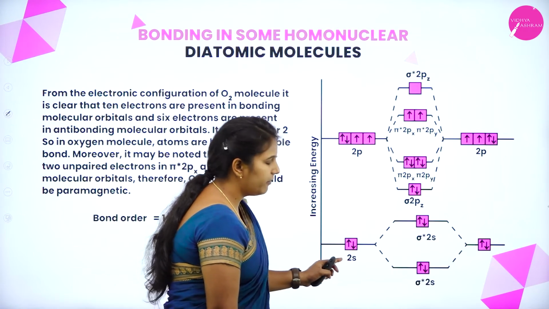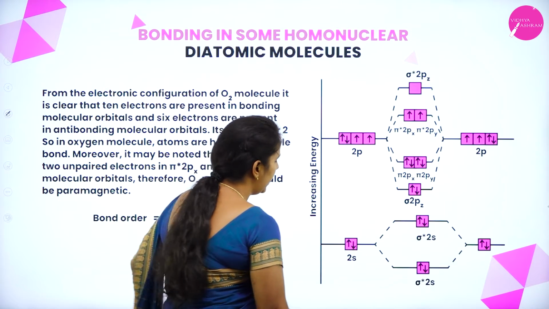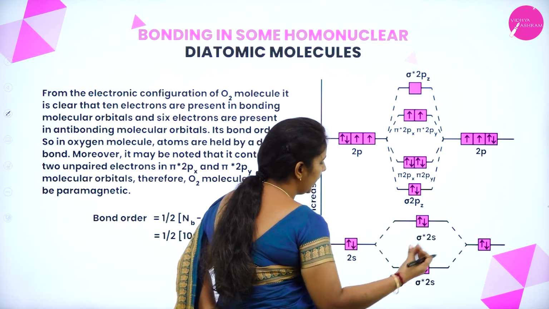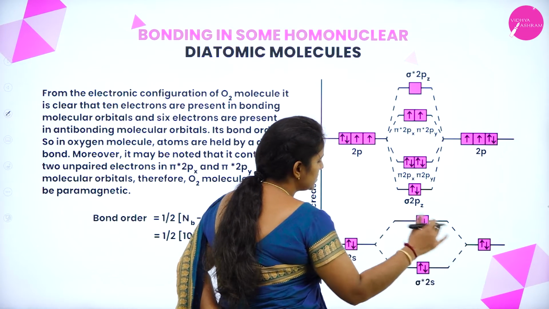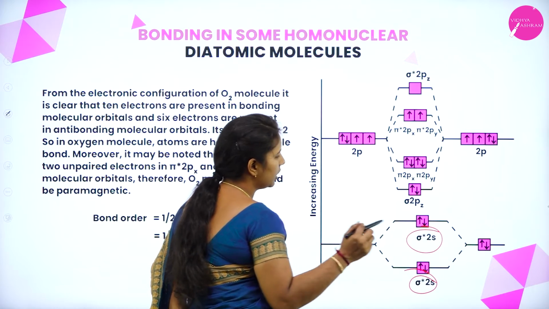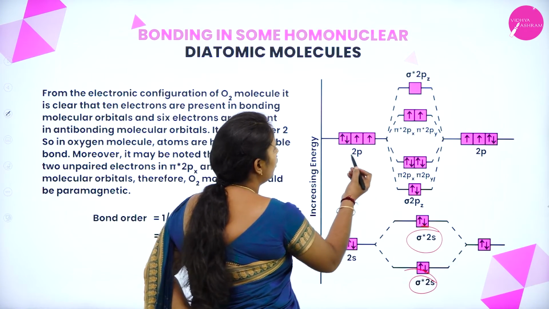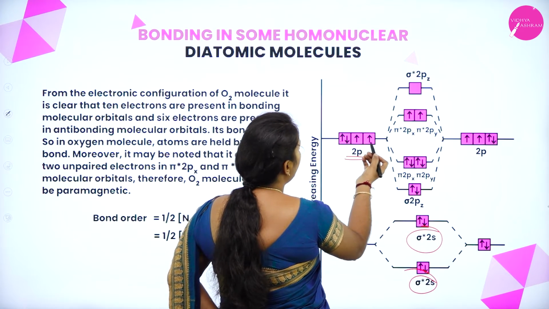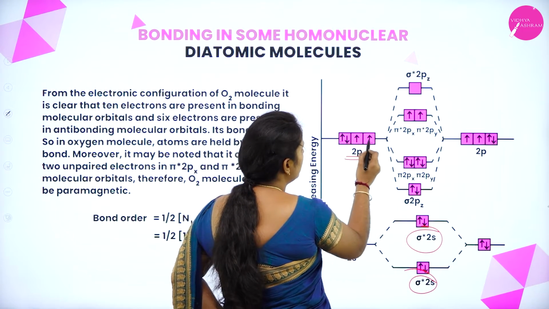So here also I have written from the 2s directly. It will share 1 electron to form a sigma 2s, and similarly when it shares one more electron, it forms both bonding and anti-bonding molecular orbitals. Similarly, if I go with the 2p, how many electrons become unpaired? You can see these two and these two.